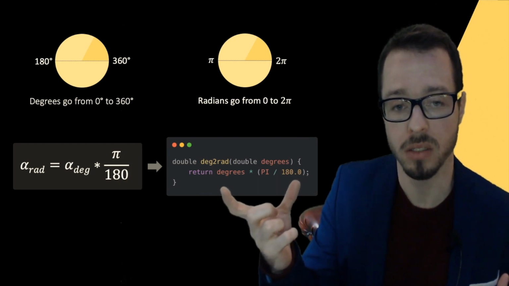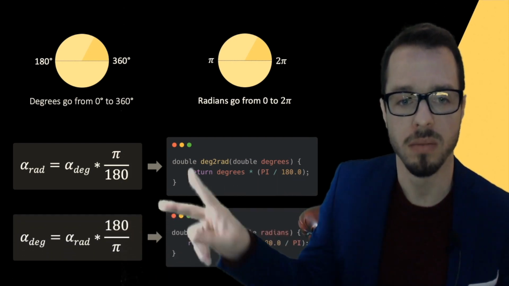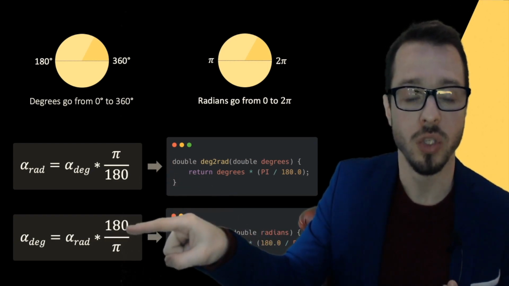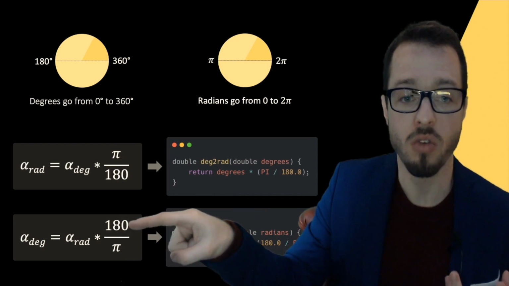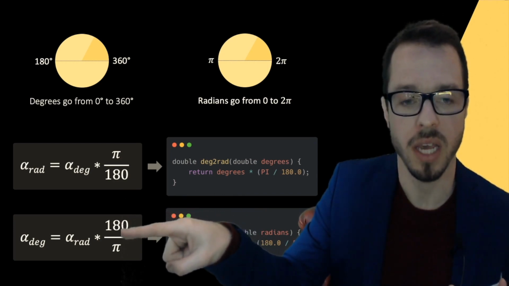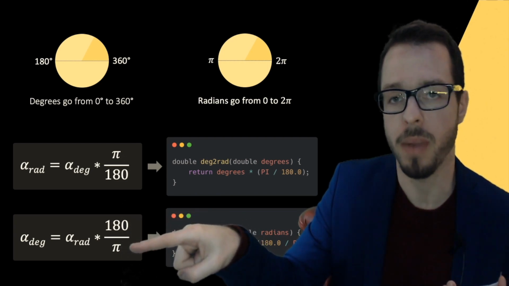We might need to use this conversion, and the opposite as well. So doing some quick algebra, what is the equivalent opposite? If I have an angle in radians and I want to get the value back in degrees, I take the radians times 180 divided by pi.